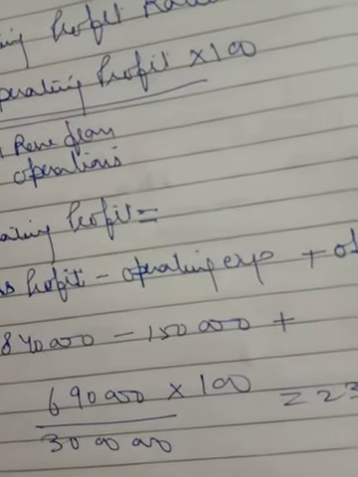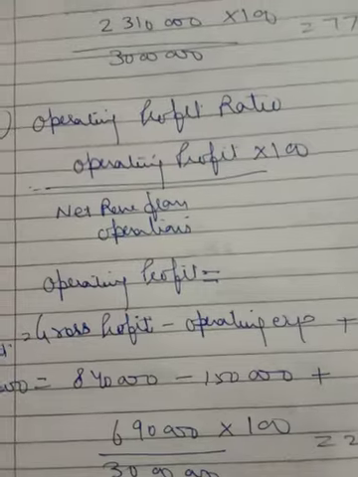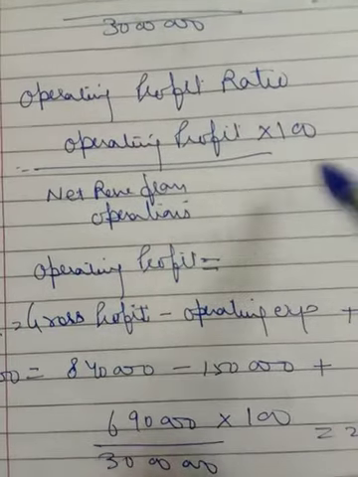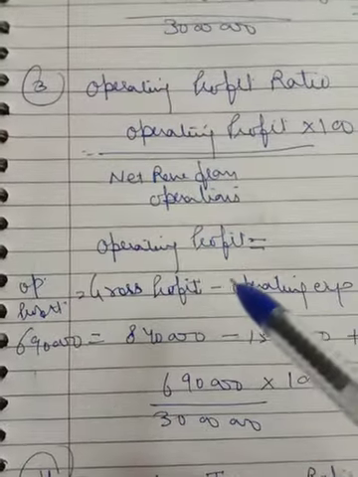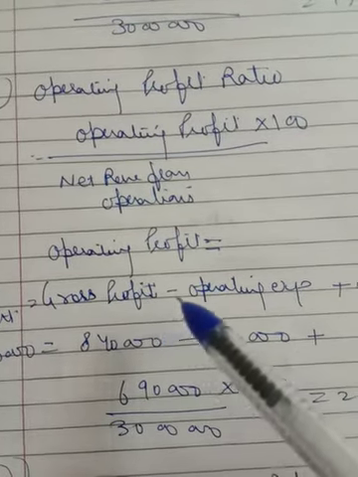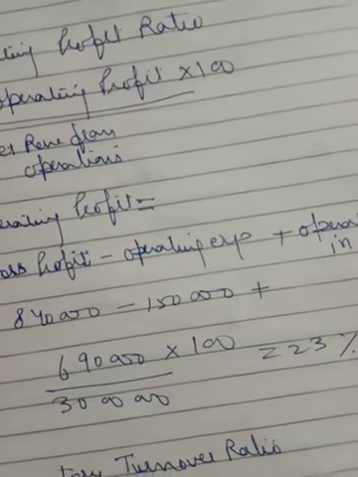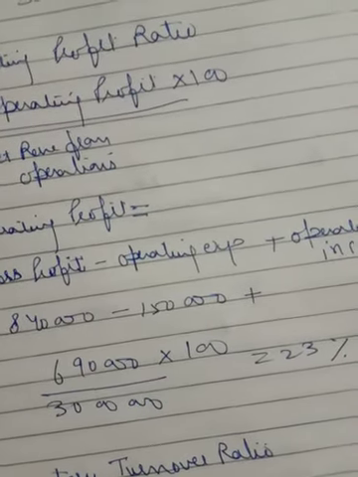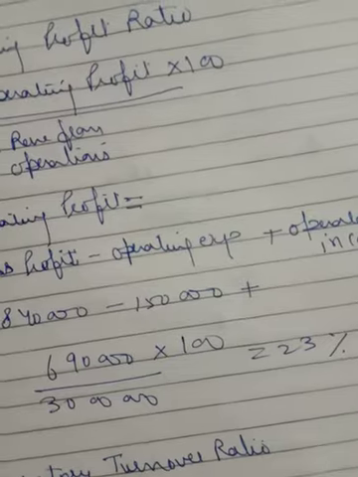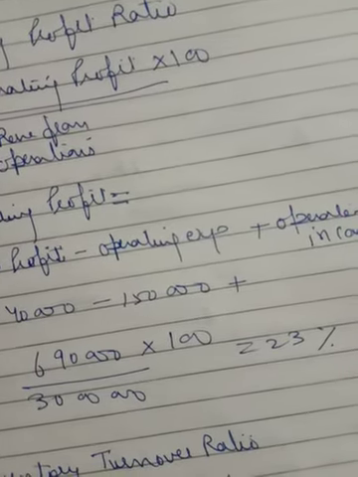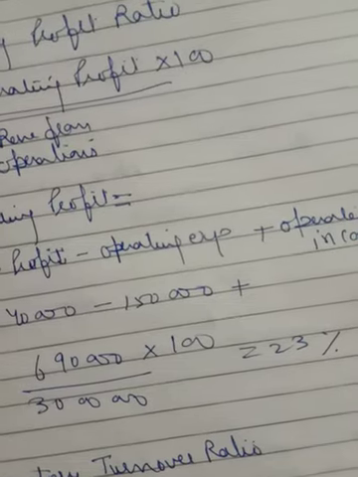So it's very important that while calculating the operating profit ratio, you have to take the operating profit only upon net revenue from operation into 100. So for operating profit, you have the formula: gross profit minus operating expenses plus operating income. Suppose net profit is given in the question and you have to calculate the operating profit. So net profit you take before tax, plus non-operating expenses, minus non-operating income, and you will get the operating profit.